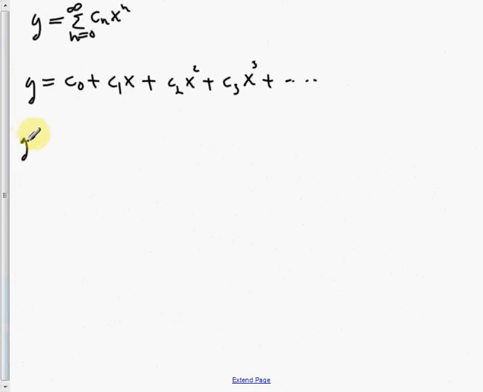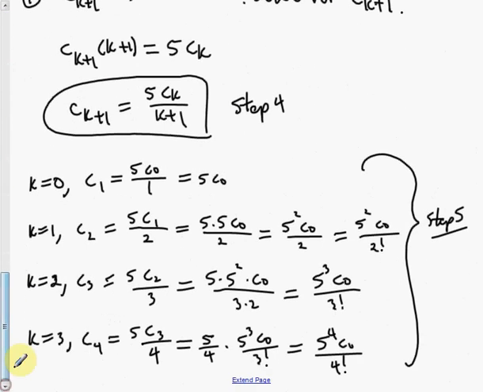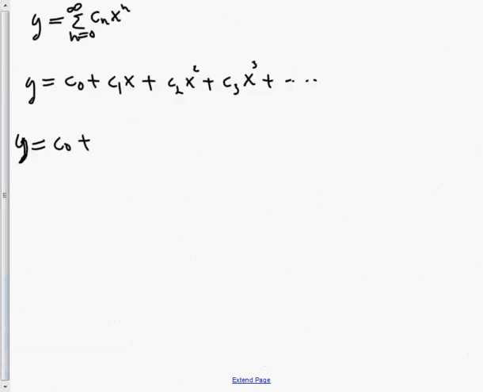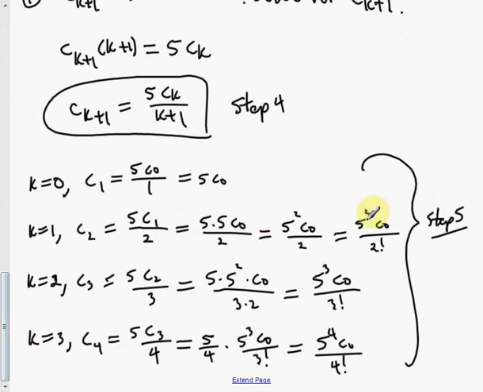Now, for the problem, I get y is equal to the c sub naught plus c sub 1. Go back. C sub 1 is 5 times c naught. So I'm going to replace that over there. So c sub 1 is 5 times c naught times x plus that next term, c sub 2 is 5 squared times c naught divided by 2 factorial.